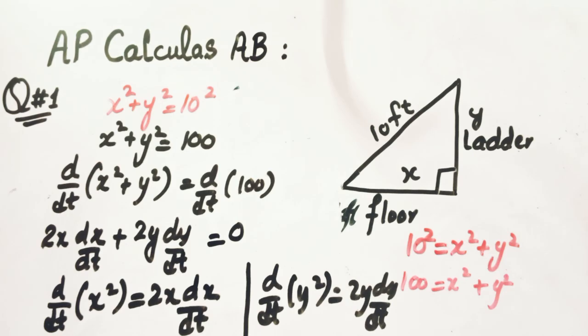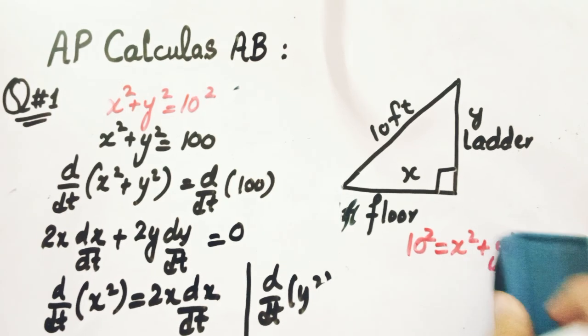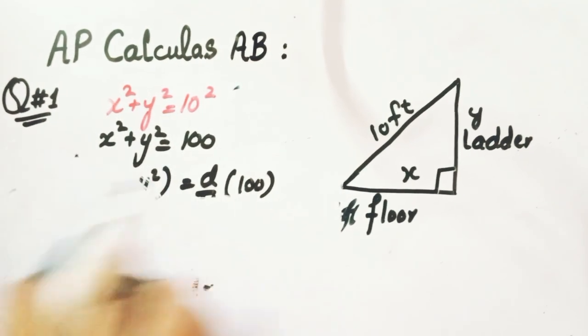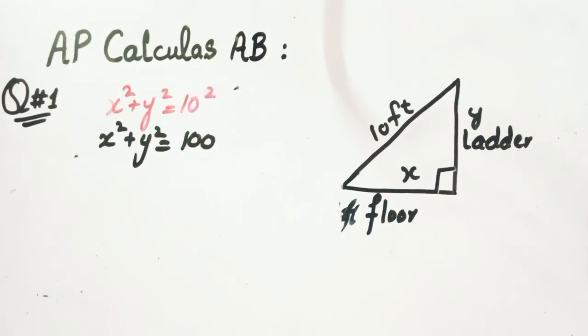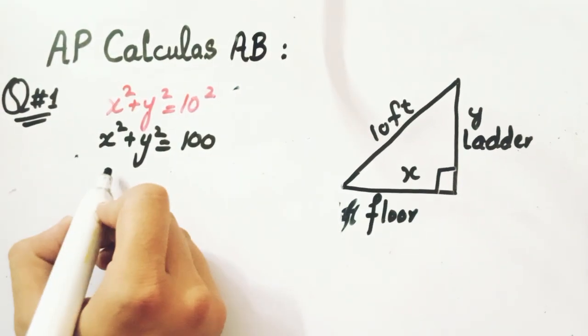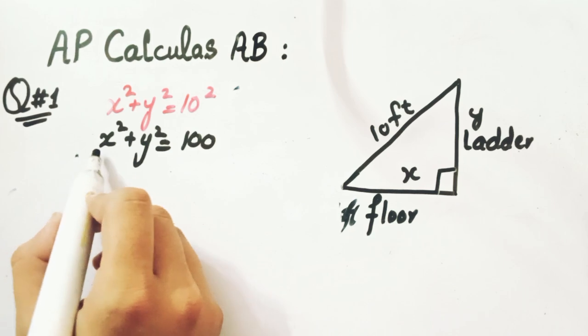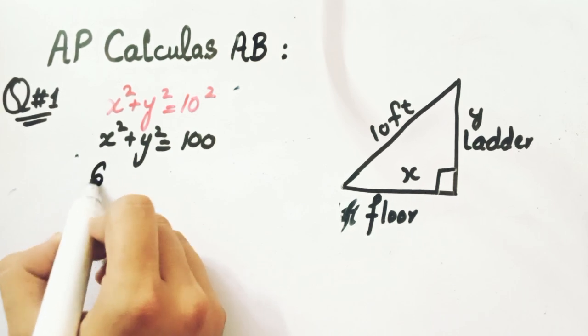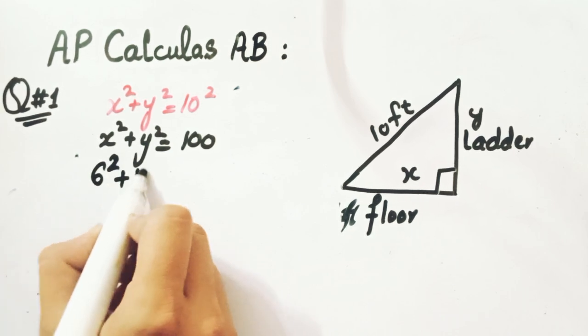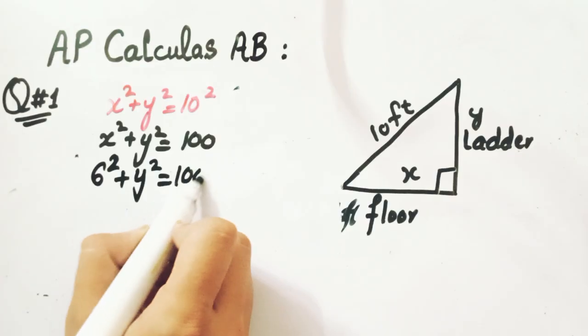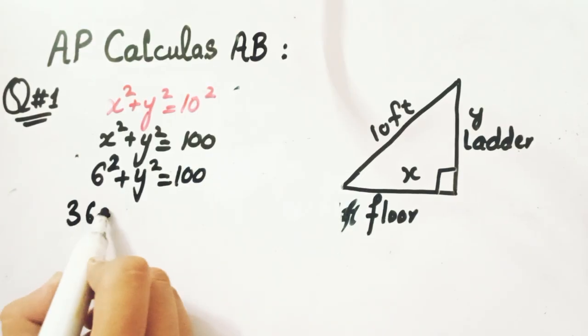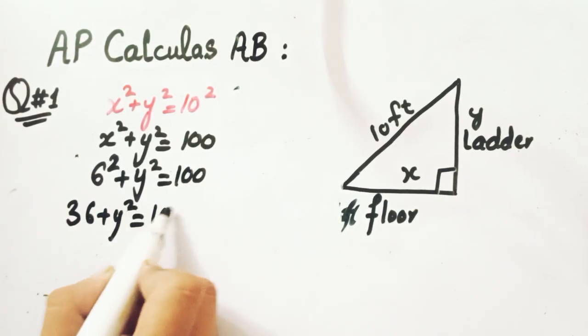So now we will substitute the values. We write x equals 6, so this will become 6 square plus y square equals 100. So 36 plus y square equals 100.